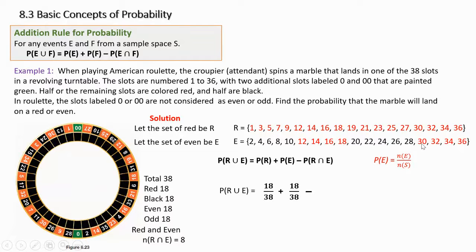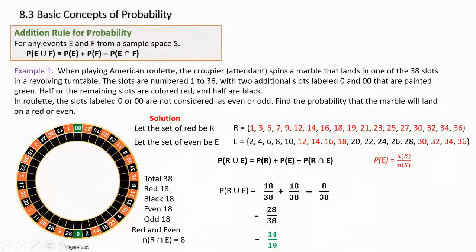There are 8, so it's going to be minus 8 over 38. So the answer is 28 over 38. We simplify, and the answer is 14 over 19. So this is my answer: 14 out of 19 that the marble will land on a red or an even.